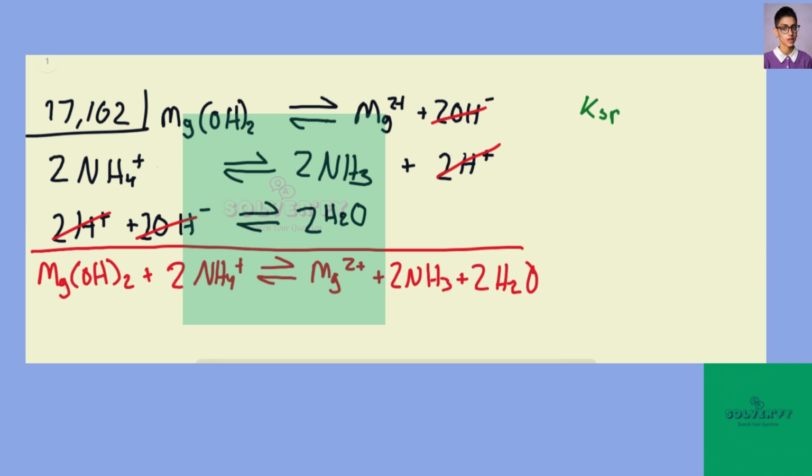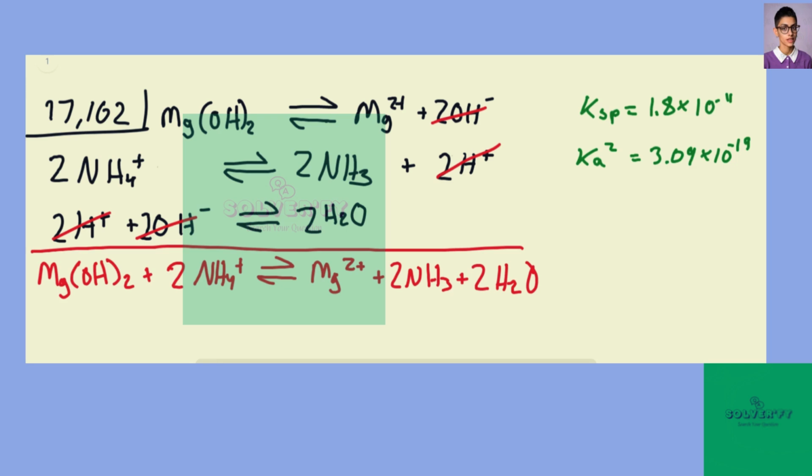So we put Ksp is equal to 1.8 times 10 to the minus 11. Then for the second one, we multiplied it by 2. So we actually want to square the value of Ka for NH4+, and we get a value of 3.09 times 10 to the negative 19.